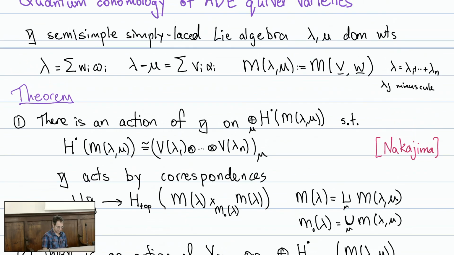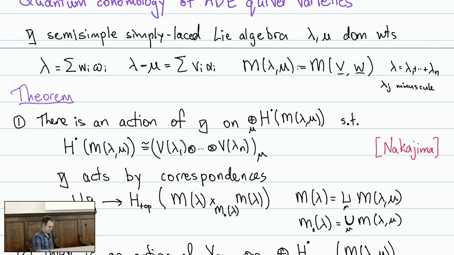So let me start. One reason why Nakajima introduced quiver varieties was because he wanted to give actions of these semi-simple Lie algebras geometrically. So here's the theorem: there's an action of this Lie algebra G on the direct sum of the cohomologies of these Nakajima quiver varieties. I have to take the direct sum over mu.